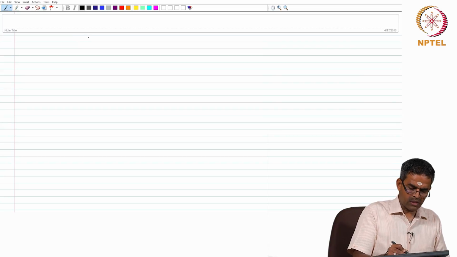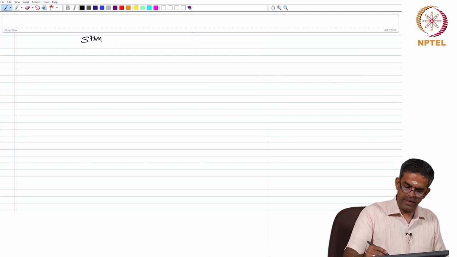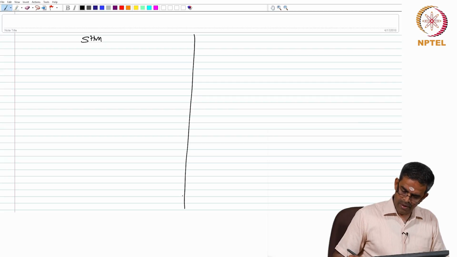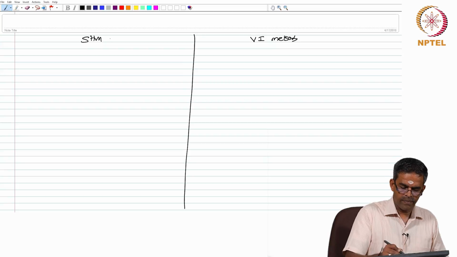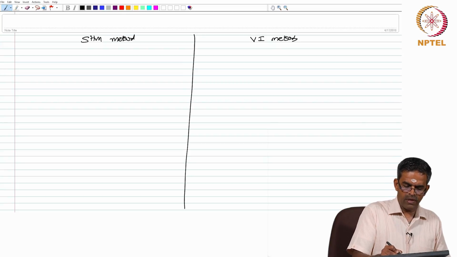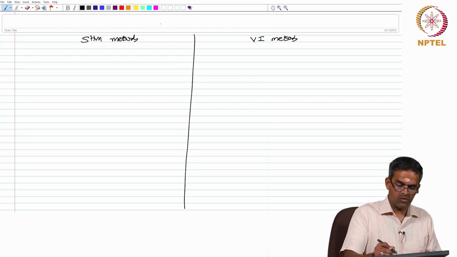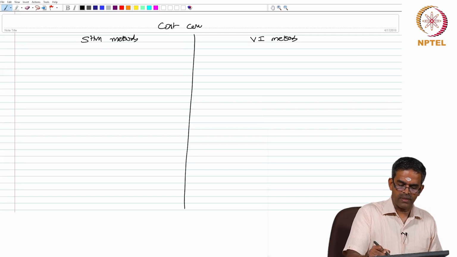Let us talk about structural health monitoring methods on the left hand side and visual inspection methods on the right hand side. We are comparing the cost.